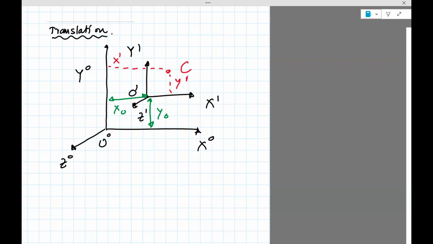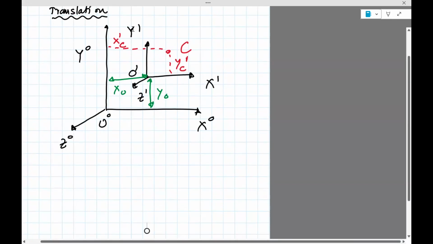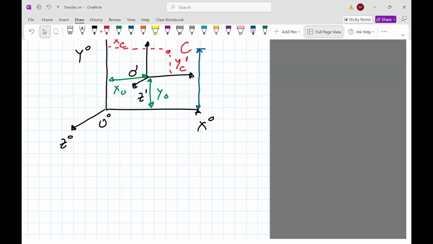Now to distinguish it from any other point, I'll abbreviate this as YC and XC. That way it's very clear that's the X position of point C in frame 1. You could also describe the position of point C in frame 0. So in this case, this distance, it's too much clutter.